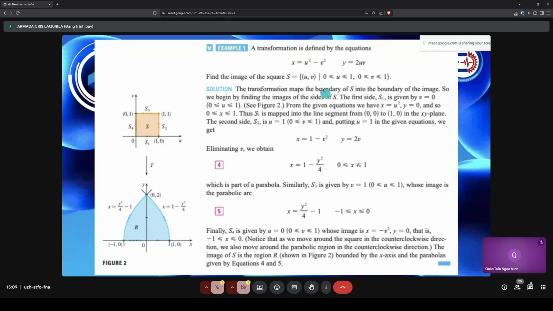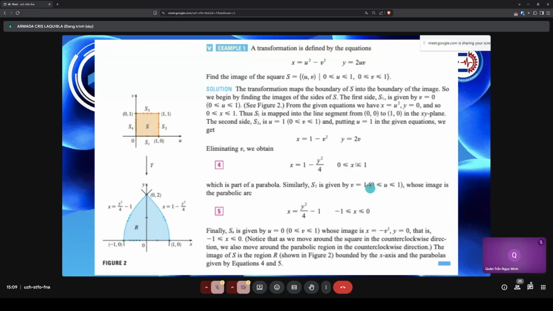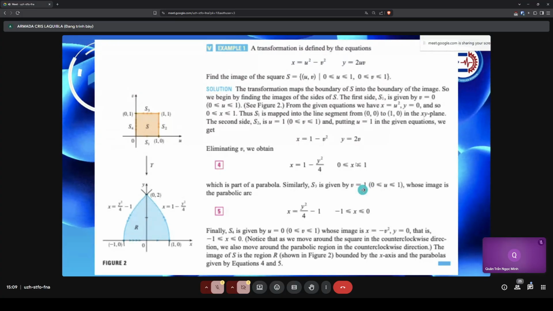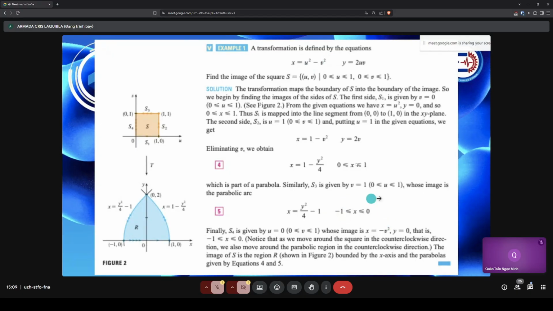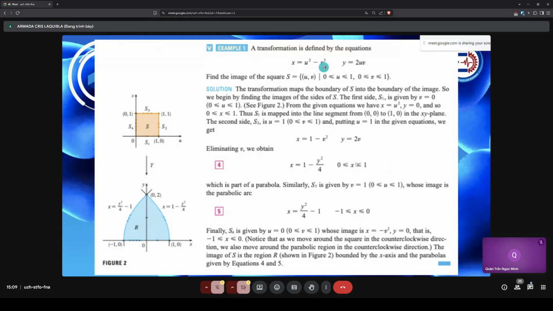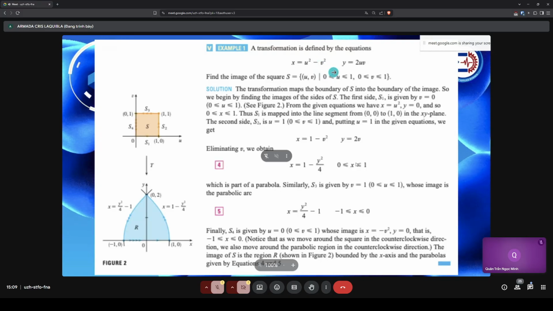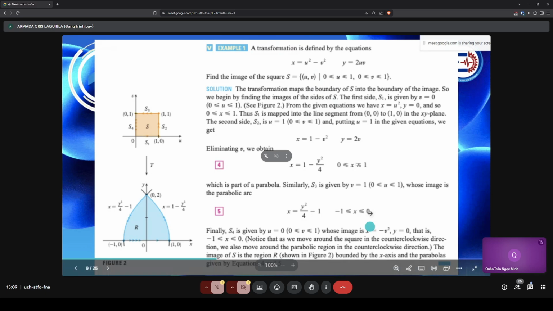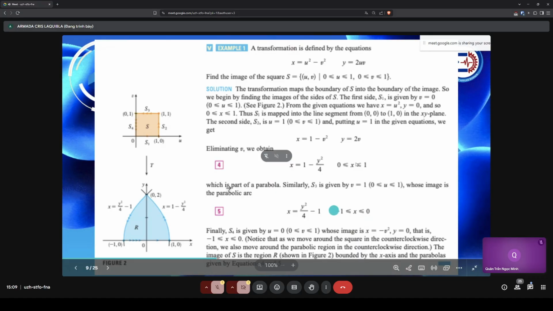Because when your u there is 0, minus the v squared, and v squared is 1 because v is 1 here, so 0 minus 1 is negative 1. And then when your u is 1, 1 squared minus 1 is 0. So your value of your x is between negative 1 to 0.